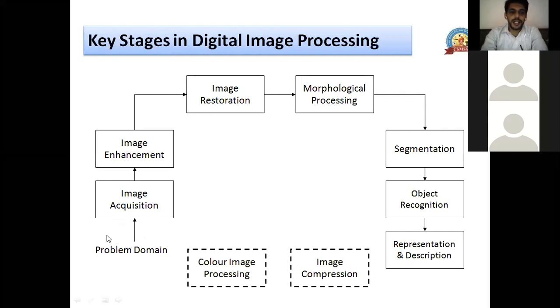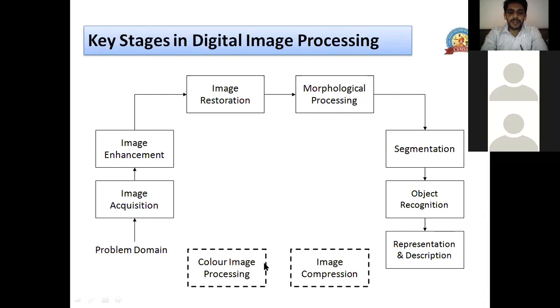It starts with image acquisition, then image enhancement, then image restoration, morphological processing, then segmentation, then object recognition, and finally representation and description. Apart from that, two other stages are there, which are image compression and color image processing.